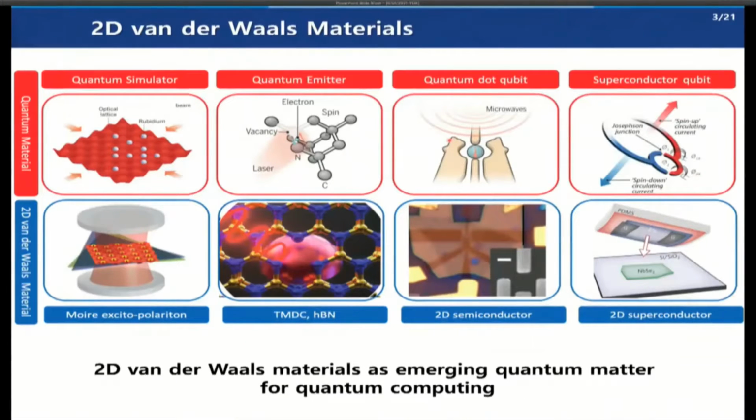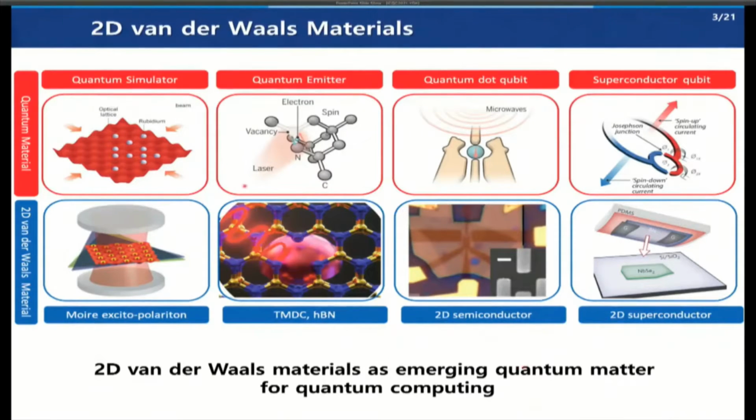Previous speakers mentioned 2D material-based universal quantum computing, some graphene-based single photon detector, and 2D material-based quantum emitter. So many researchers realized that 2D van der Waals materials are becoming an emerging quantum material for quantum computing.